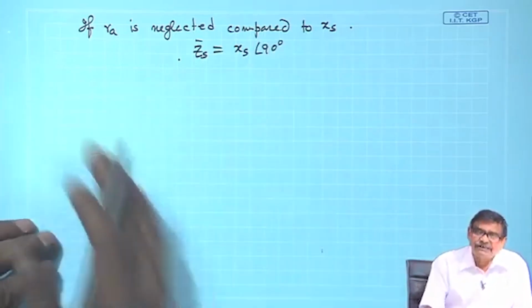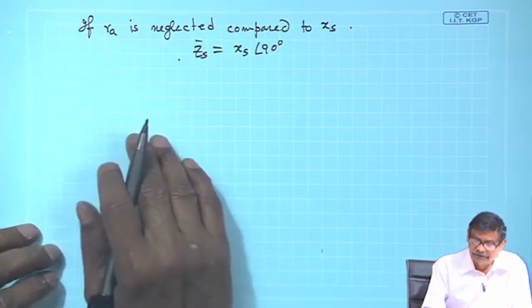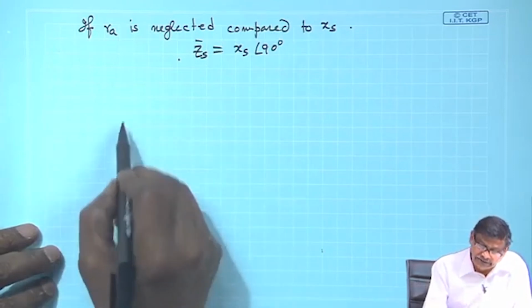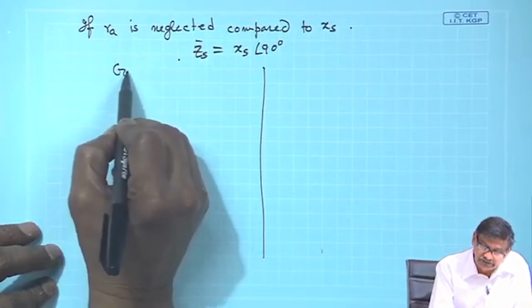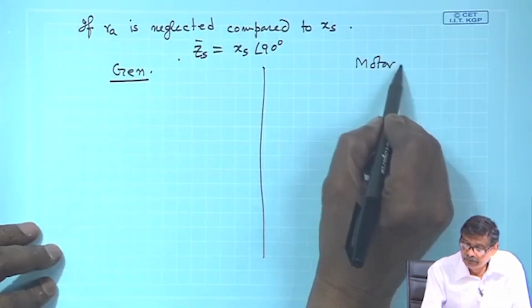Under this condition, I will just draw the phasor diagram very quickly. It is a worthwhile exercise to pursue. Suppose I draw it here like this. This side I will draw generator mode, and this side I will draw motor mode.